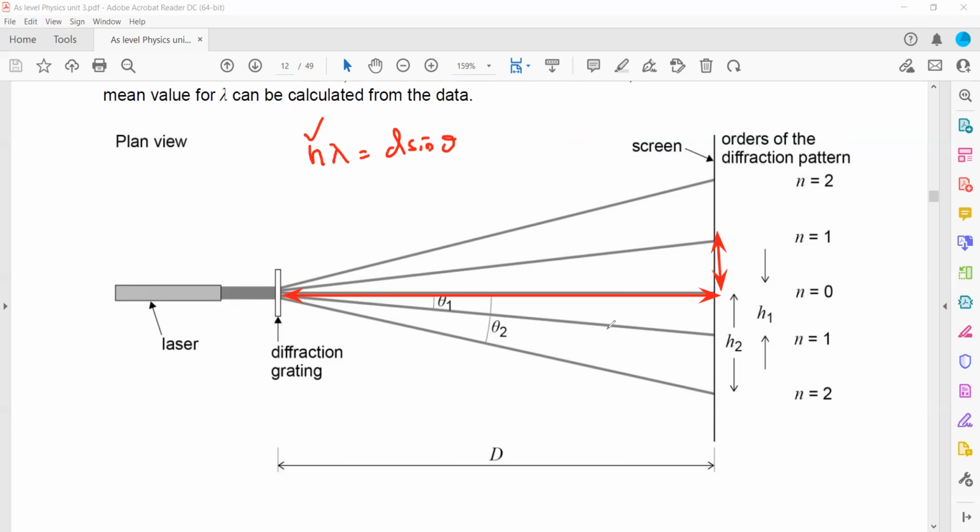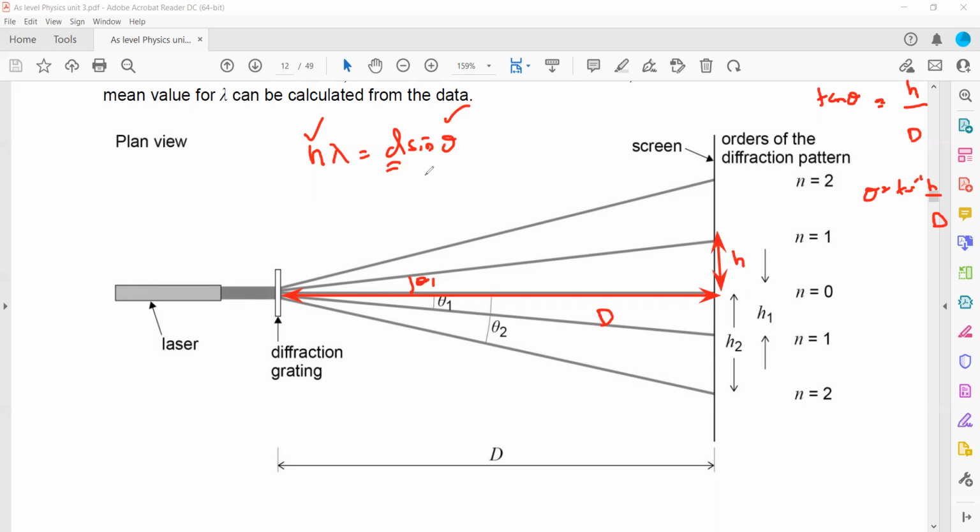So d is the distance between the screen and the grating element, and h is the distance from the center to the first order image. Using this we get theta 1, because tan theta equals perpendicular divided by base. So theta is tan inverse of perpendicular divided by base.